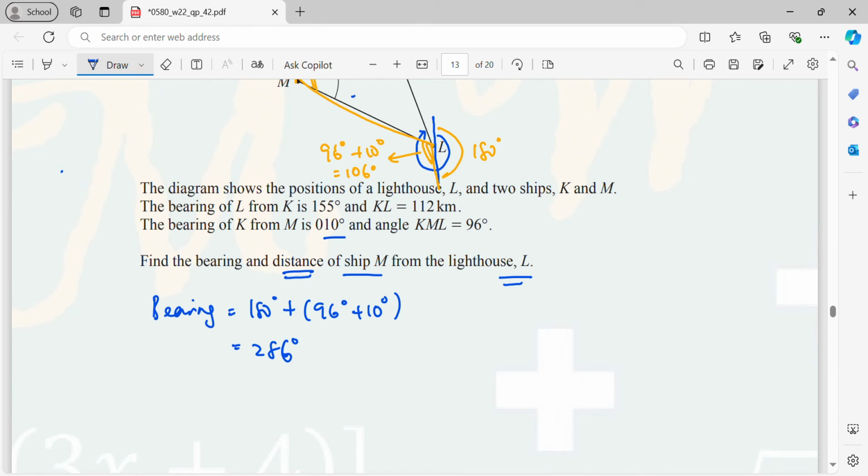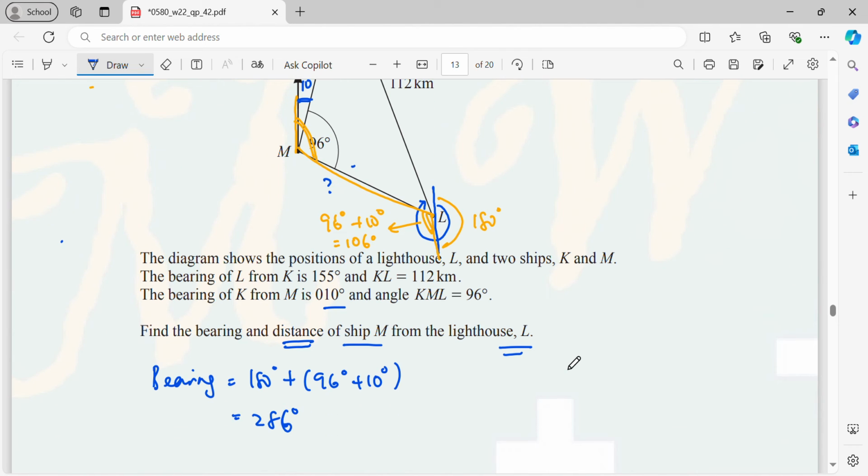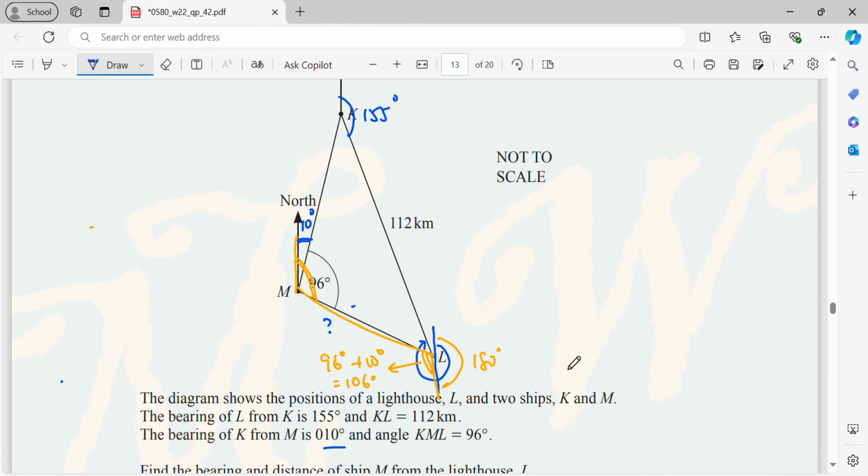And then the distance. Okay, so now distance of L from M, that means what is the LM? So now to get the LM, I know that I have 112, the corresponding angle is 96, and then I need to find this length, means that I need to know this angle. Okay, so for information, let's check. This is 10.